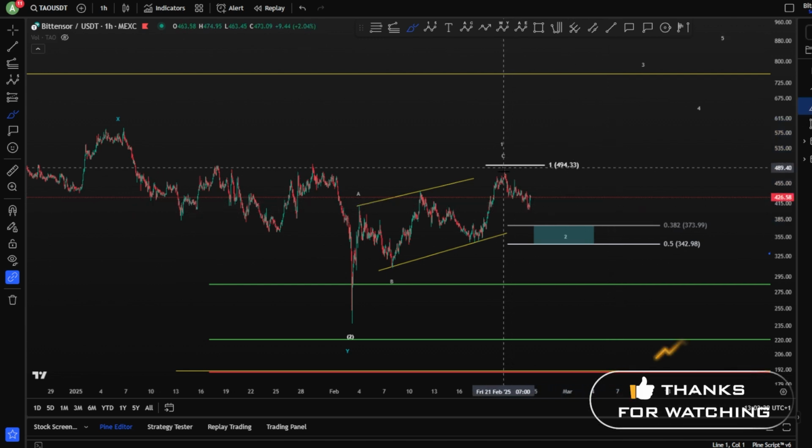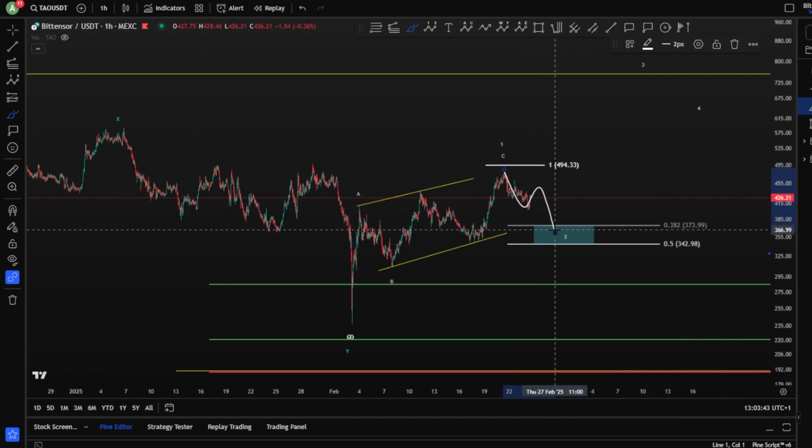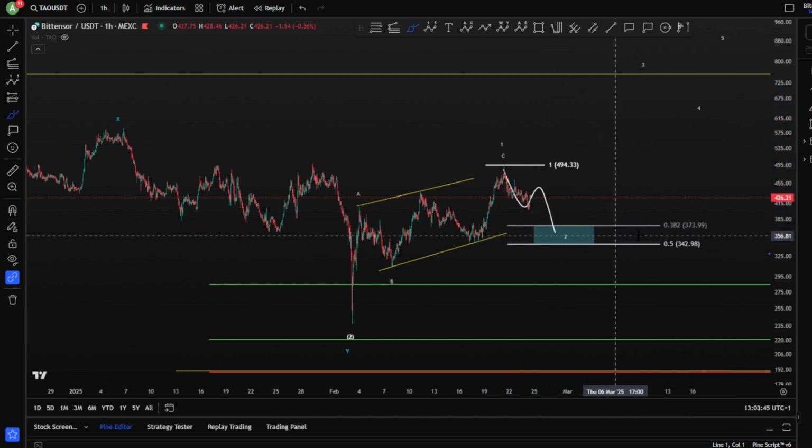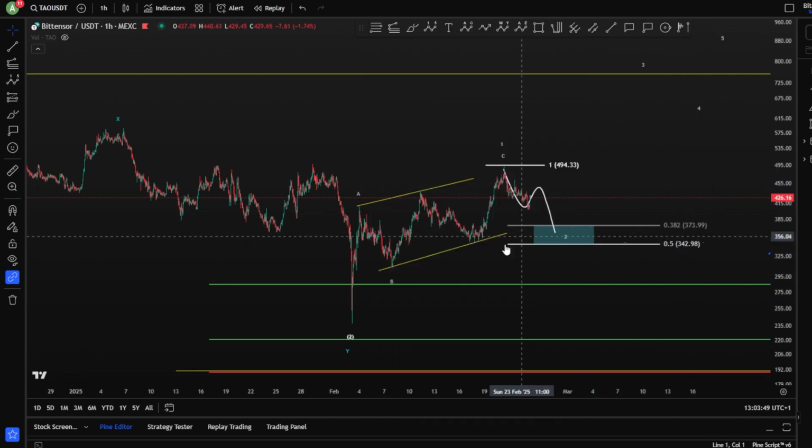This is our highest possibility right now: A, B, and a C, or W, X, and a Y, and then moving for a wave 3 towards the upside, unless we break all the fib levels for a wave 2 taken from this leading diagonal.